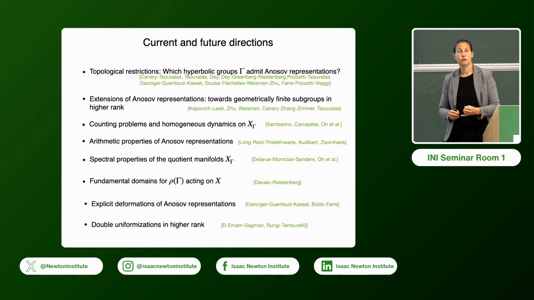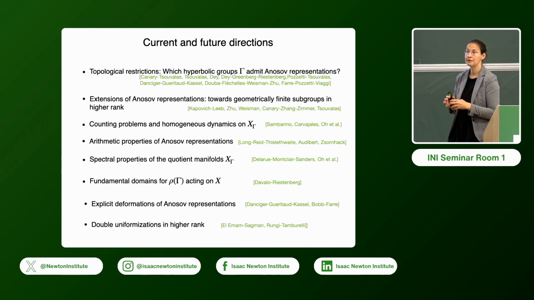So there are many open questions, starting with topological restrictions. Which hyperbolic groups can admit Anosov representations of a certain type? Extensions to relatively hyperbolic groups, and getting a generalization of geometric finiteness in higher rank, not just convex co-compactness. There are counting problems.